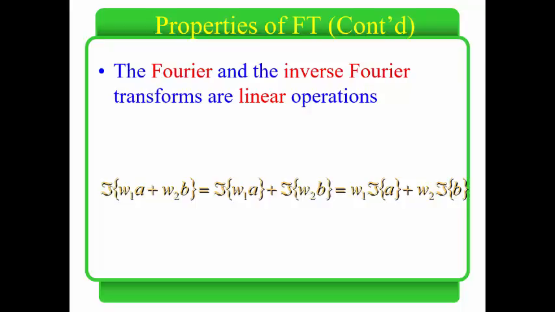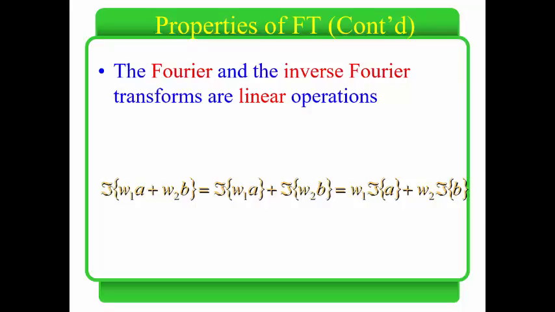Another thing: the Fourier and inverse Fourier transforms are both linear operations. If I have a signal like this, in which W1 and W2 are constants and the variables are A and B, and I want the Fourier transform of the whole expression, it equals the Fourier transform of W1A plus the Fourier transform of W2B.